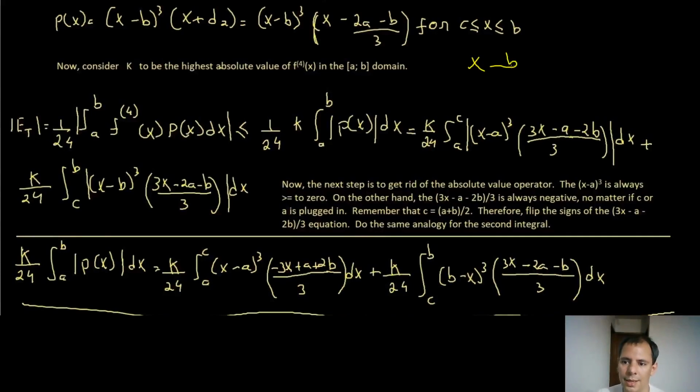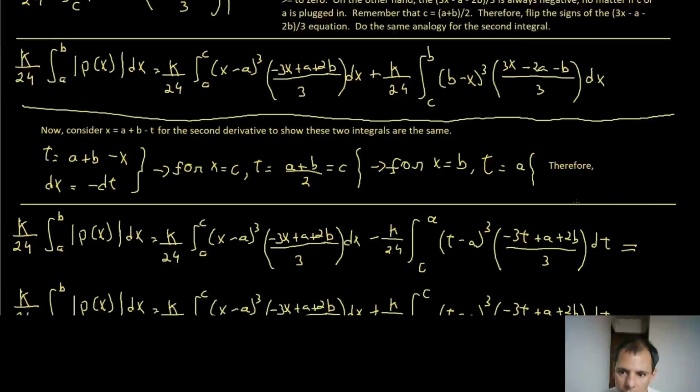But b is the last point of the current interval of the current set, or the last point of the entire domain. If x is anything less than b, this is going to be negative. So you have to flip the signs, okay? Instead of being x minus b, you get b minus x. Okay, so now you got rid of the absolute value operator.